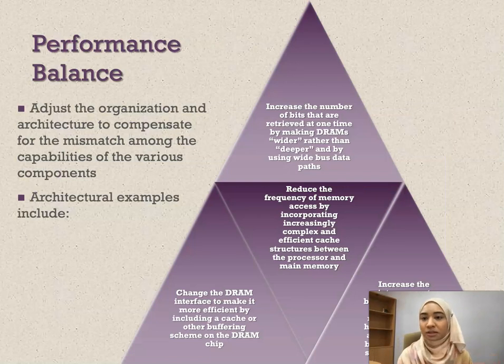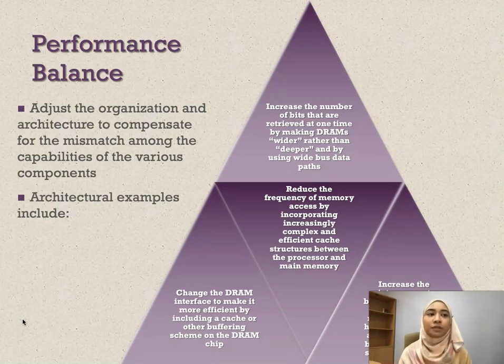So we know that the processor is super speedy, ahead of a lot of other components, because all the efforts are focused into creating better processors, right? So some components could not catch up to this. So what happens is that when you have these components within the same computer, they create a mismatch in terms of speed. So there is a need for performance balance.